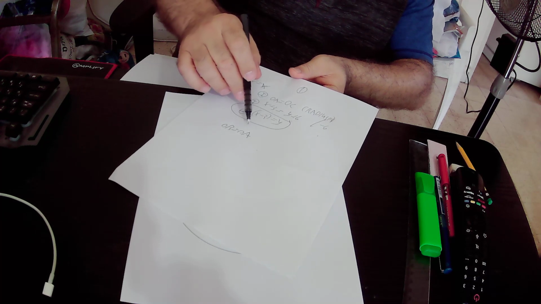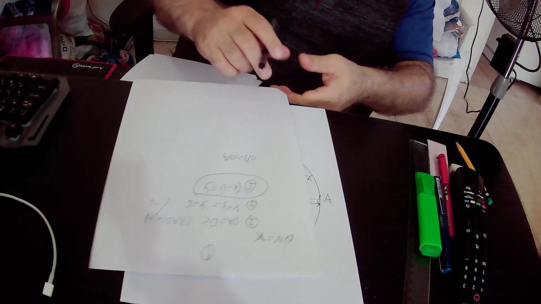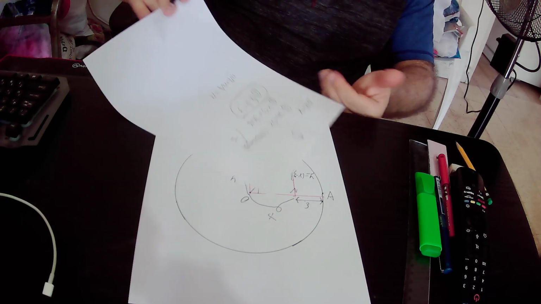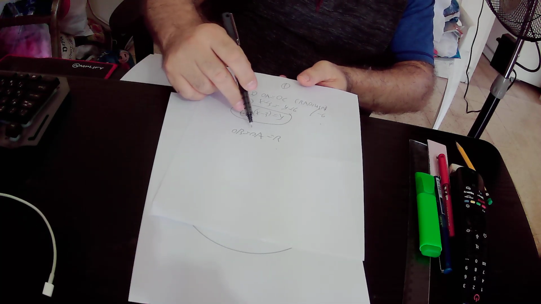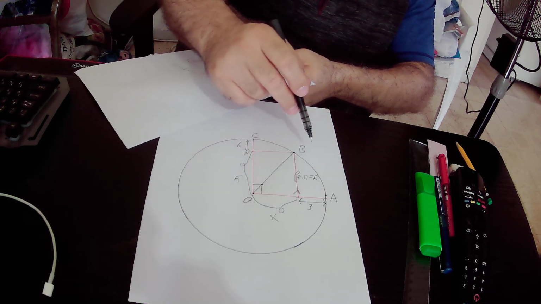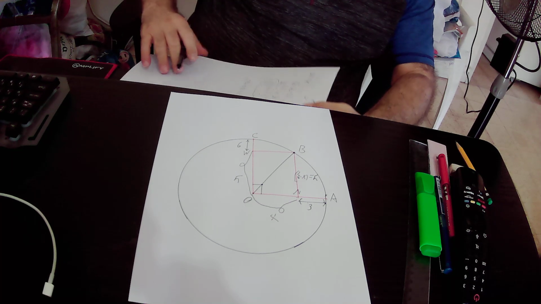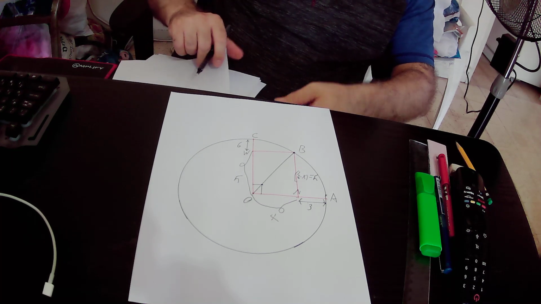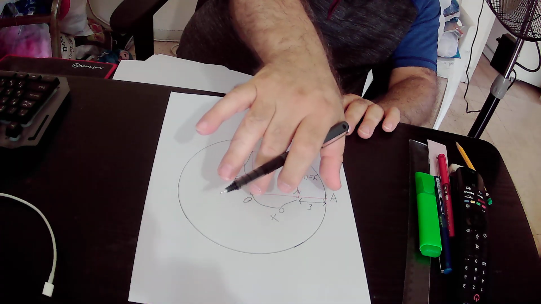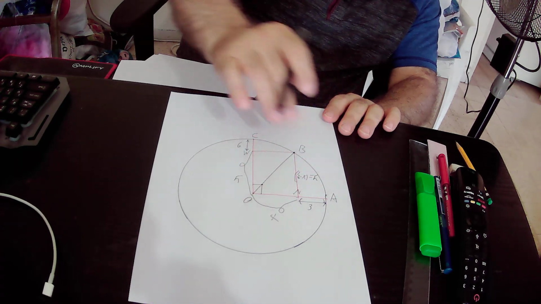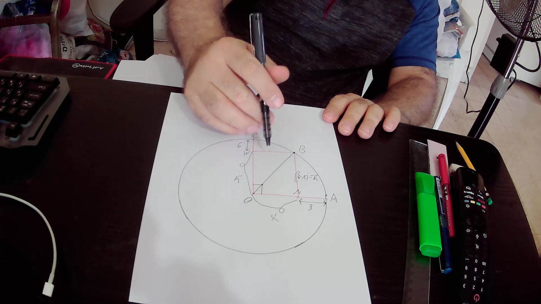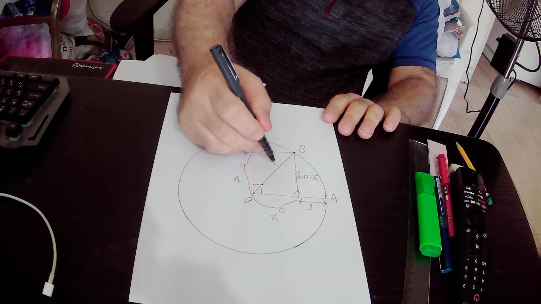OB equals OA equals R. So actually OA, that is the radius of this circle, equals x plus 3. So OB, that is also the radius, will also be equal to x plus 3.